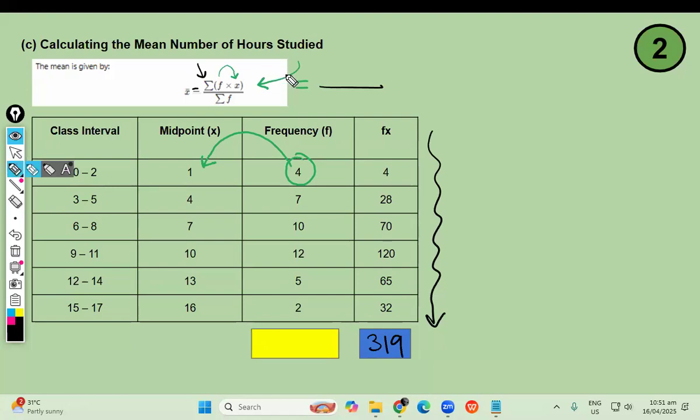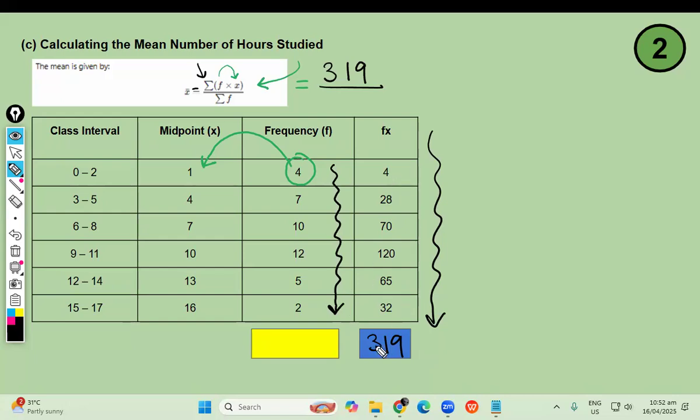So the sigma fx is 319. And now we have to divide it by the sigma f. Sigma f is regular, boring frequency. Abigail, check it back. Everyone else is getting 319.